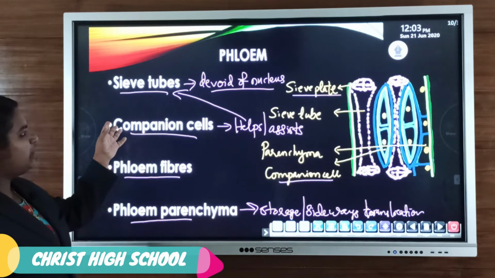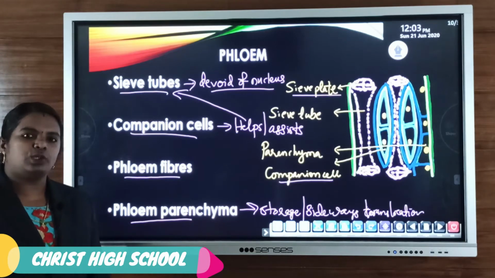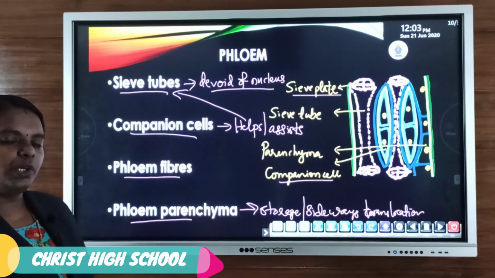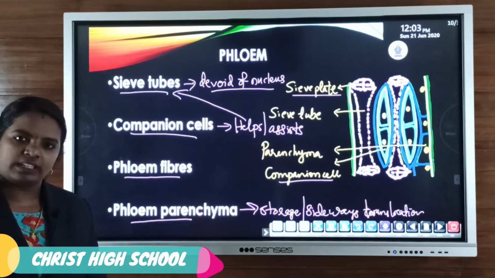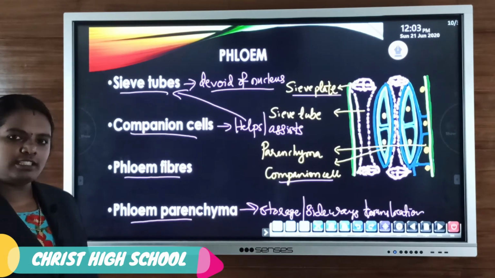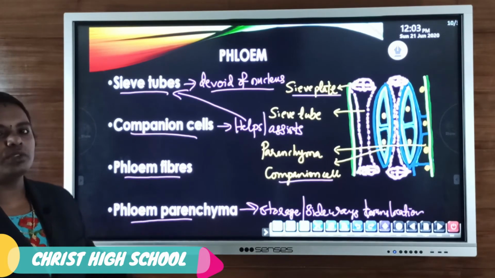Though mature sieve tubes are devoid of nucleus, companion cells, which possess a nucleus, help the sieve tubes to translocate food to different parts of the plant body.